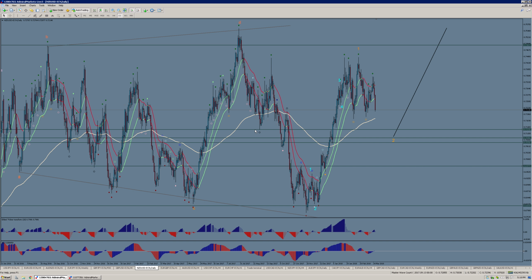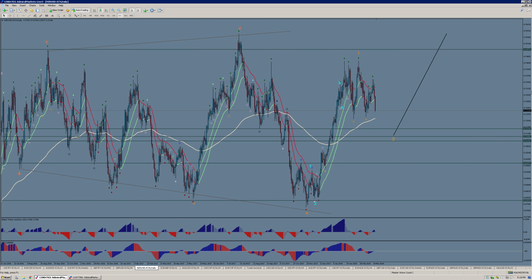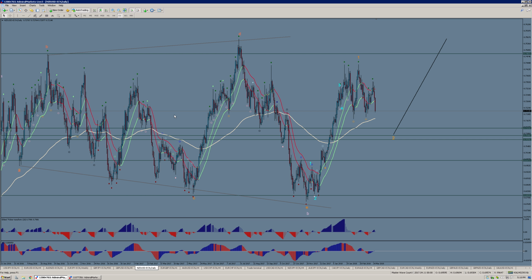So again, here I've put these support and resistance lines in at key points that I can see on the daily chart, because the daily chart has a lot more information than smaller time frames, because obviously more traders have interacted. The candles contain a lot more information, so the levels here will be stronger.